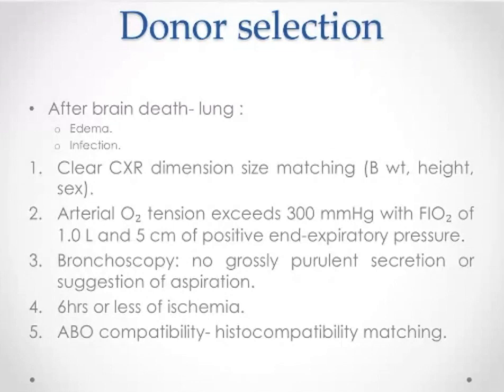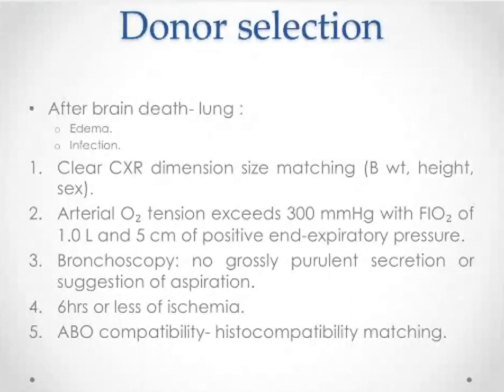يعني take a lung from the female to the female, from the boy to the boy, and from adult to adult. يعني ما اخذ لي رئة يعني child for the adult or بالعكس اخذ لي رئة adult to the child. Always it should be a body weight and height and sex.